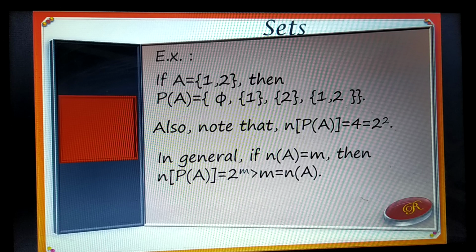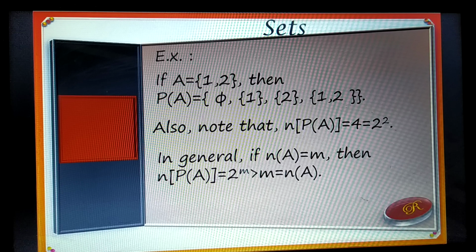For example, if the elements of A are 1 and 2, then the elements of P of A are the empty set, the set with element 1, the set with element 2, and the set with elements 1 and 2, as shown. Also, note that the number of elements of P of A is equal to 4, that is 2 squared.